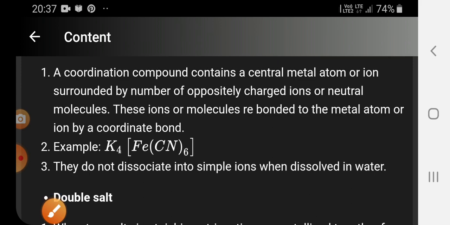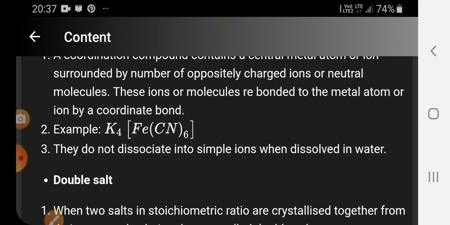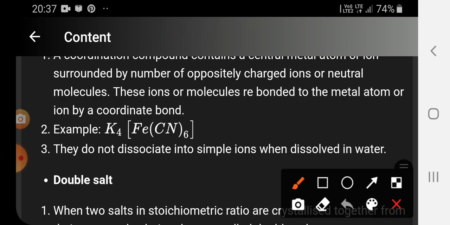Now, it is important to note that coordination compounds do not dissociate into simple ions when dissolved in water. Let's see how it works. If we dissolve the given coordination compound in water, it gets ionized like this.